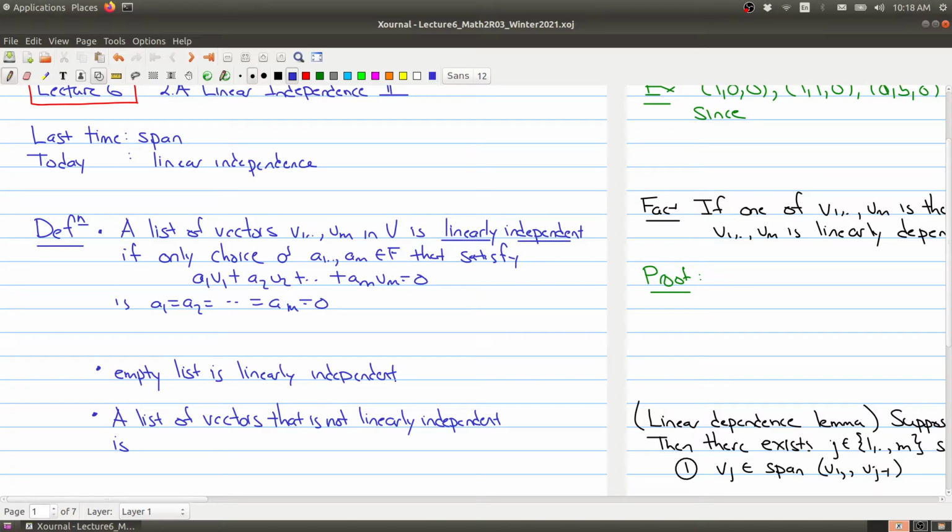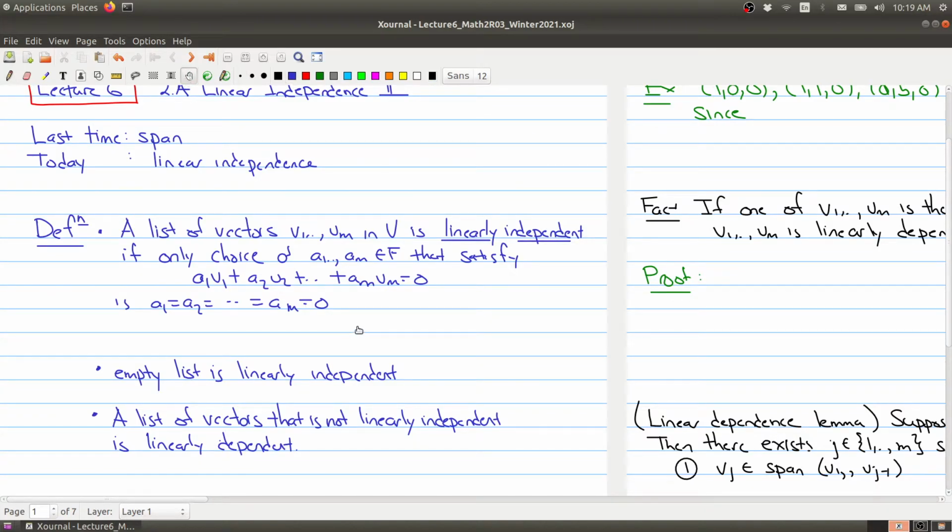The opposite of being linearly independent is being linearly dependent. So a list of vectors that's not linearly independent is linearly dependent.